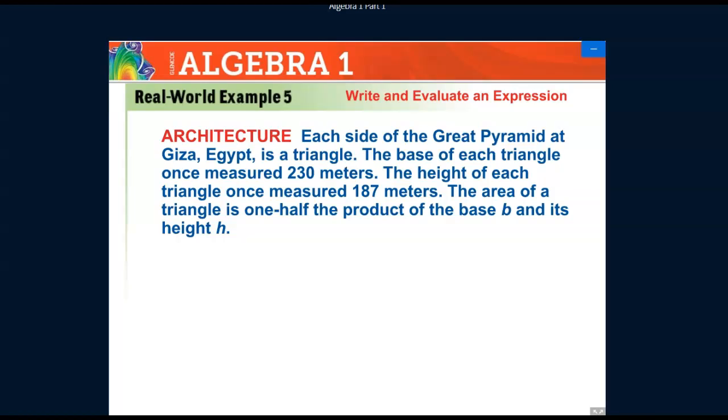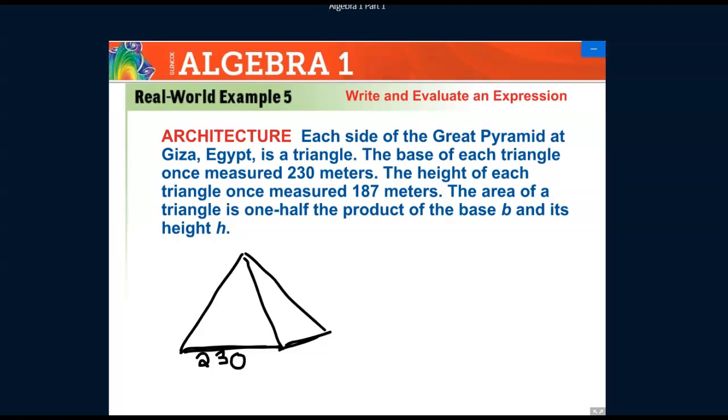Very good. So a pyramid, if you recall, they look kind of like that. So a pyramid has a base of each triangle measuring 230 meters. So that means this length here, all the way around on every side, was 230 meters.